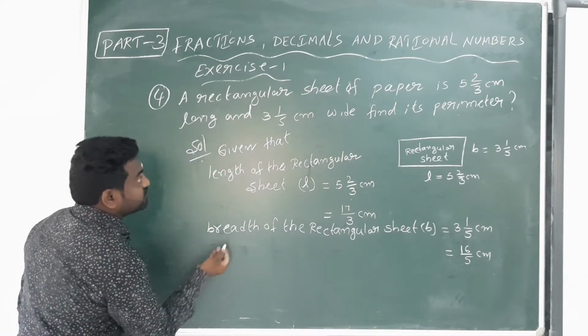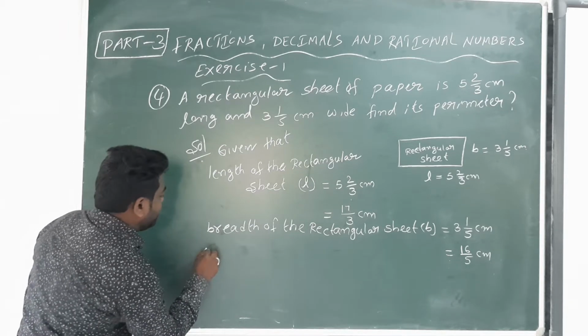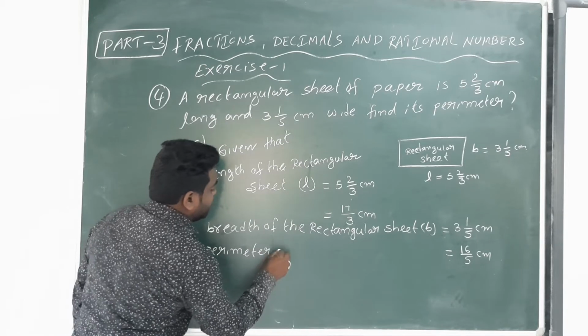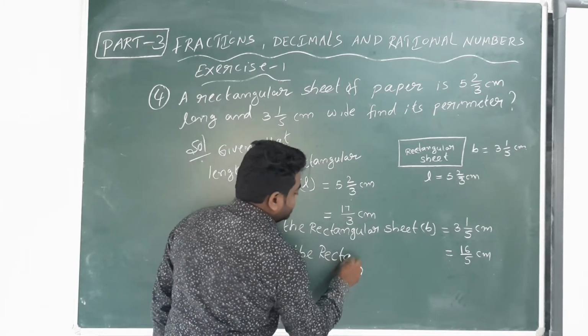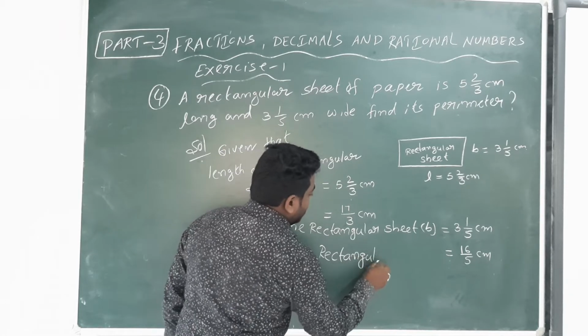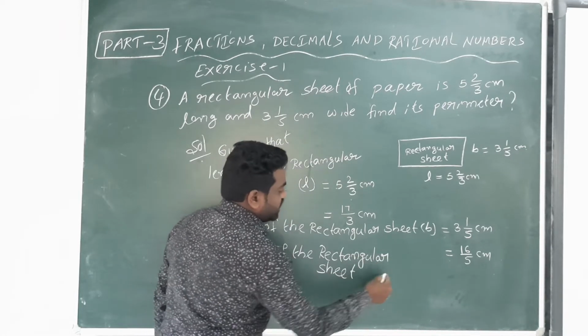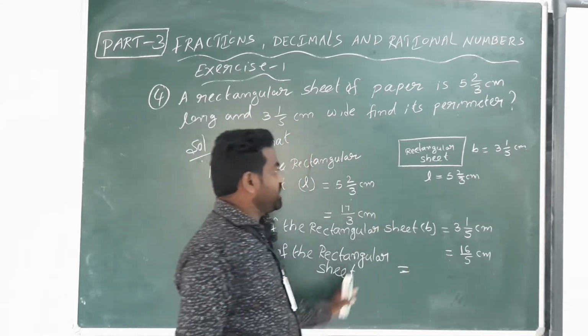Now we find the perimeter of the rectangular sheet. Here rectangular sheet means rectangle.